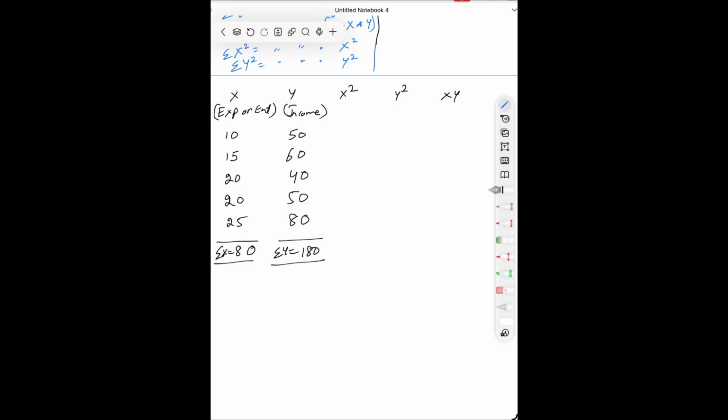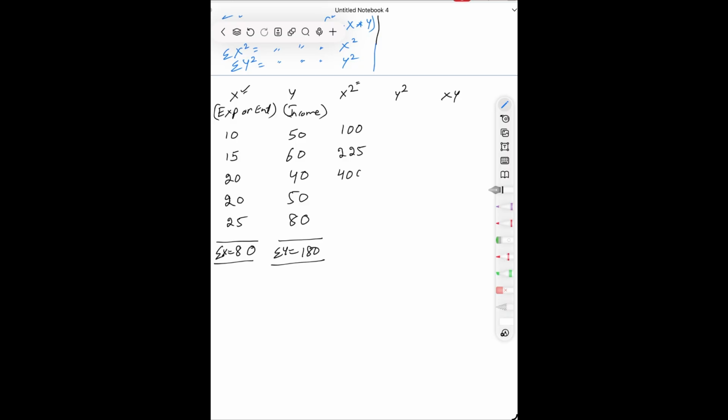So we will use a calculator for the later calculations. First of all, it is simple, ten square. We will just square this x column to find out x square. So ten square will be 100. 15 square will be 225. Let me just check to be double sure. Yes, it's 225.